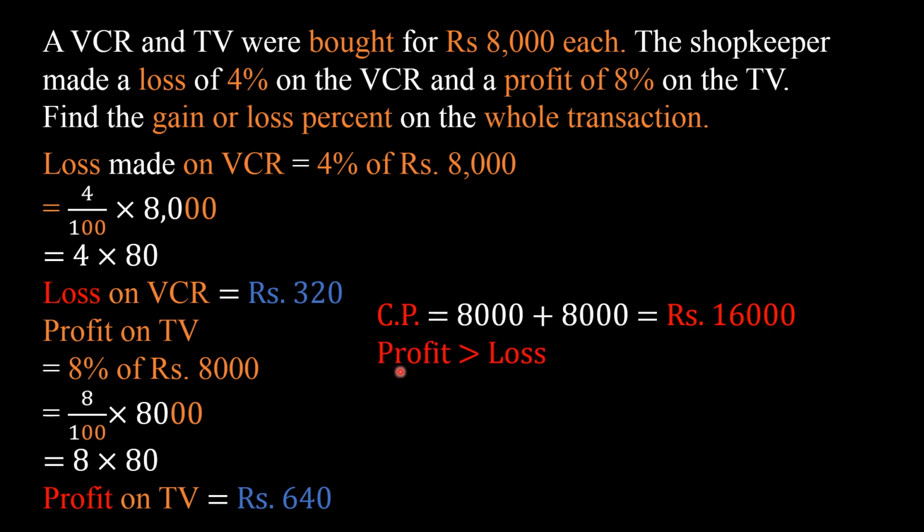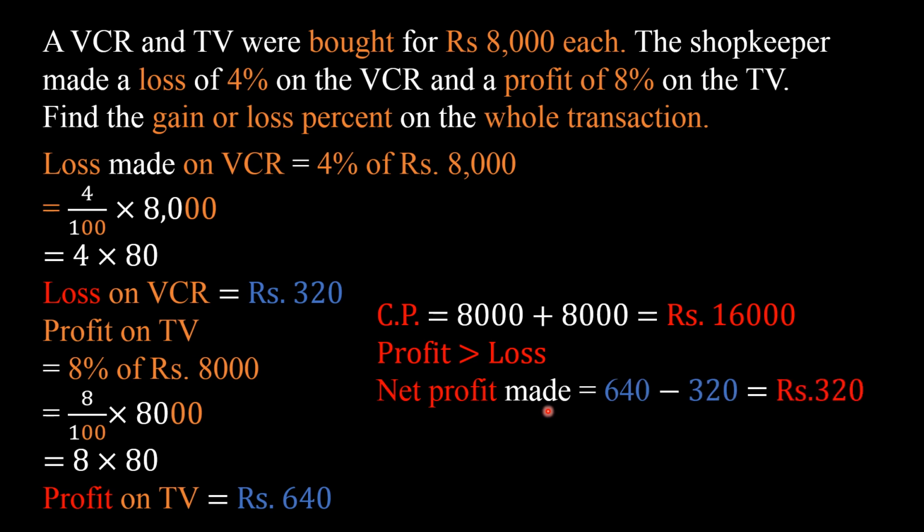Now here we observe that the profit is greater than loss. See, 640 is greater than 320. So the net profit made by the shopkeeper will be the profit, which is 640, minus the loss, which is 320. So the net profit made is rupees 320.